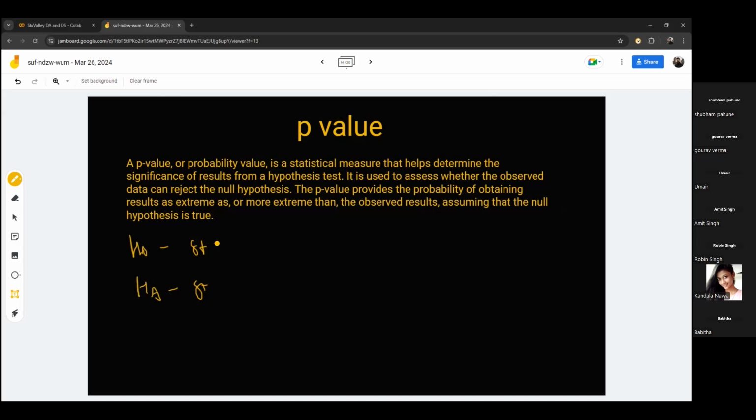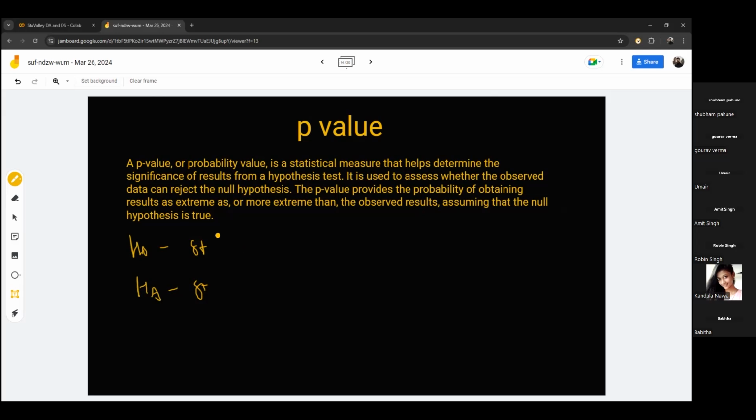What does the statement look like? I'll tell you. Suppose we are doing a test on some medicine, a placebo medicine. Placebo means medicine which does not have a real effect on the body, it just works psychologically, right?